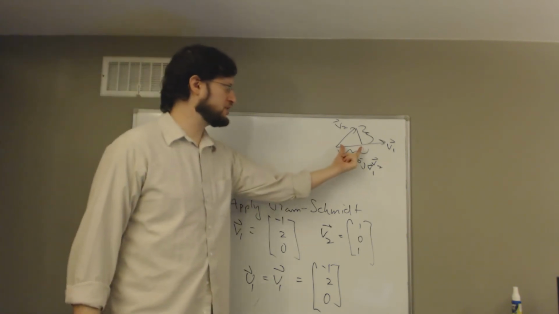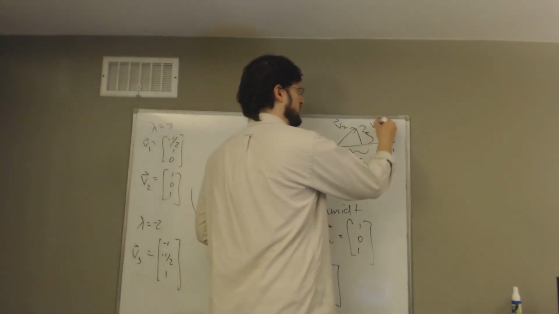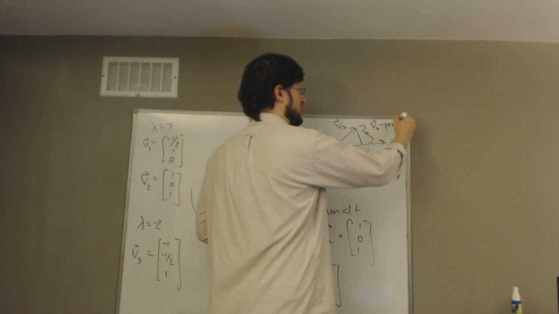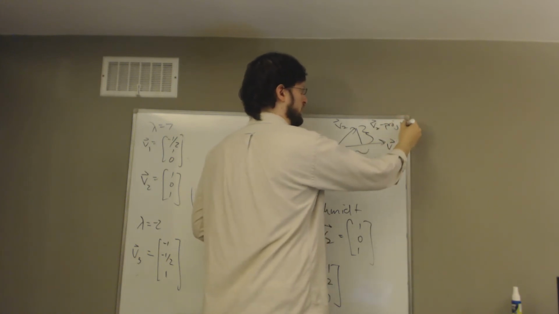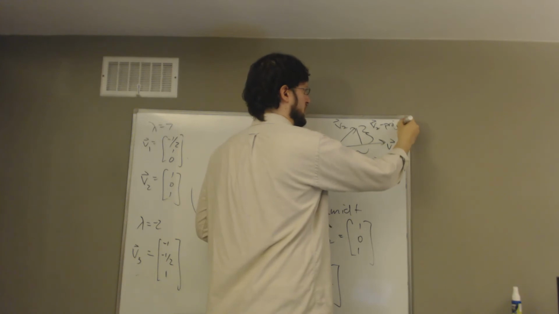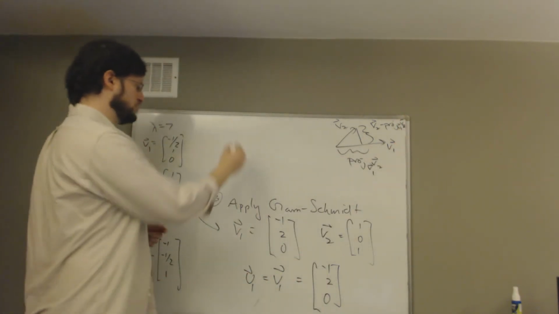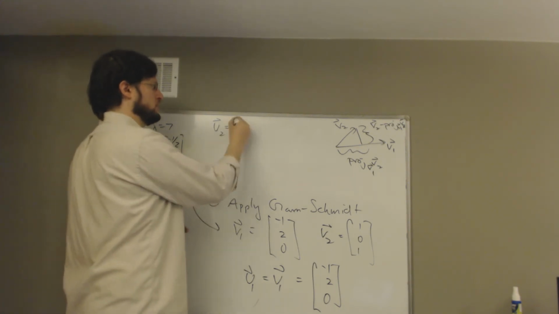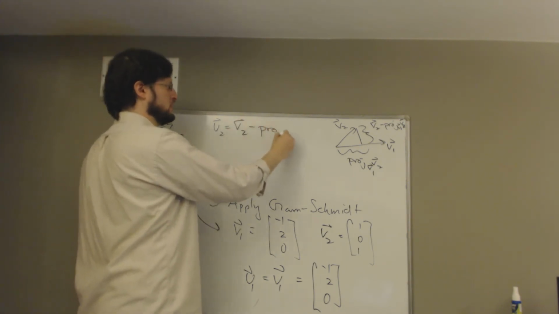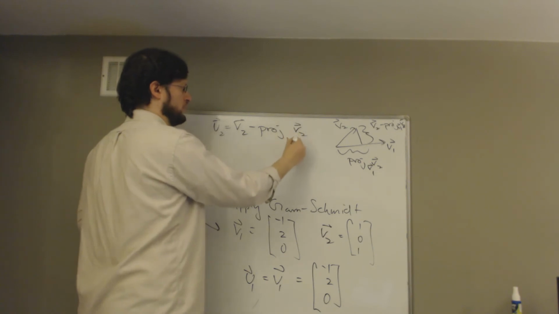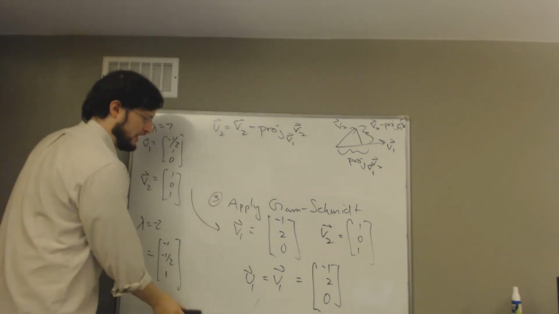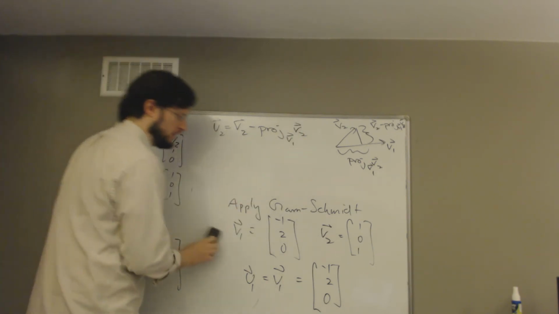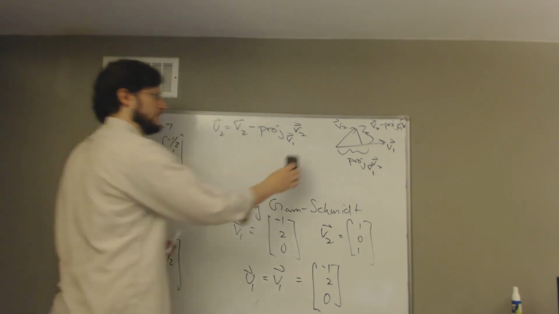If this is the projection, what we actually then have up here is v2 minus the projection of v2 onto v1. And so our u2 is that vector there: v2 minus the projection of v2 onto v1. Let's just calculate that with our v1 and our v2 that we have right here.